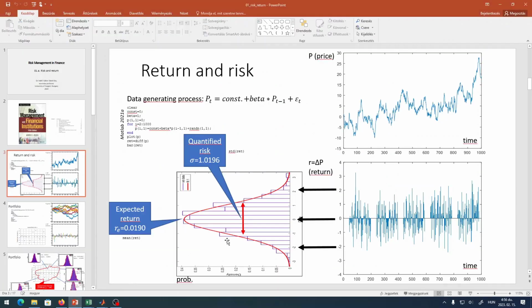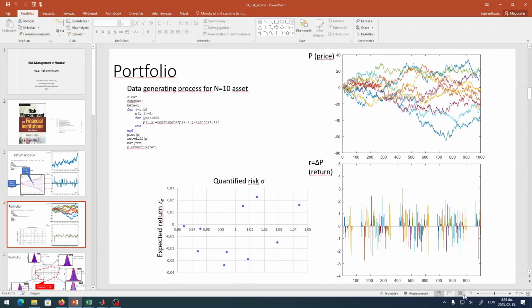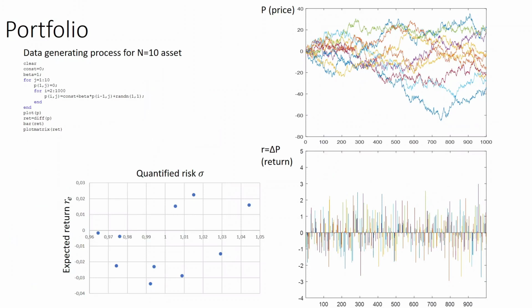Okay, so that was the first slide, and I'm talking way too much about it, but it was necessary. Because after that, if we are going to portfolios, in the case of portfolios we can see that the same thing is happening, so we could simulate this, but we don't want to.